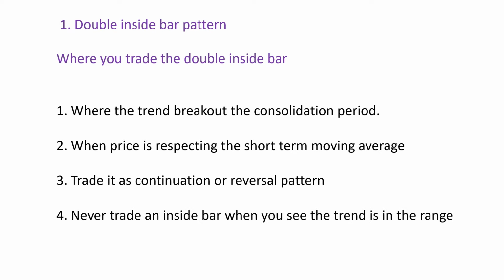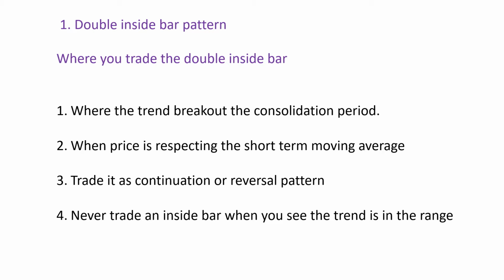Finally, never trade an inside bar when you see the trend is in a range, because you will find the trend mostly choppy and it is wasting time and money.